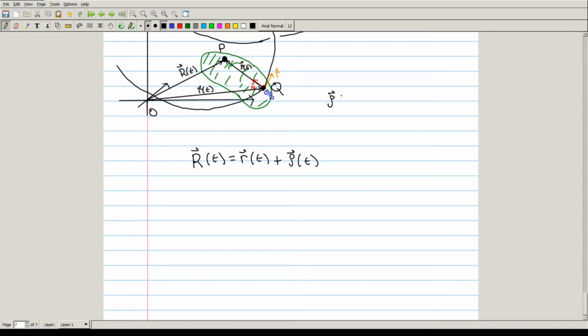We can express rho of t as a constant, rho 1, times the tangent vector as a function of t, plus another constant, rho 2, times the unit normal vector as a function of t, plus the constant rho 3 times the binormal vector as a function of t.